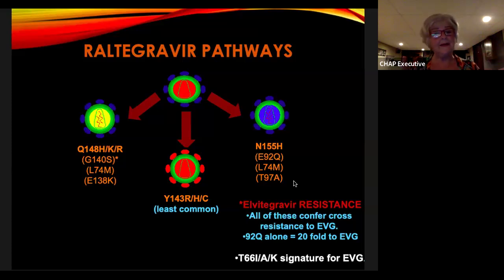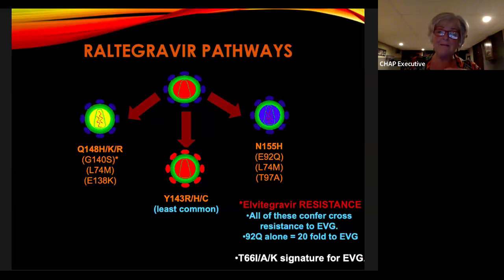But if you had somebody who was just on, say, Stribild or Genvoya, that combination drug that had the boosted elvitegravir, and they broke through, the 92 alone conferred 20-fold resistance to elvitegravir.